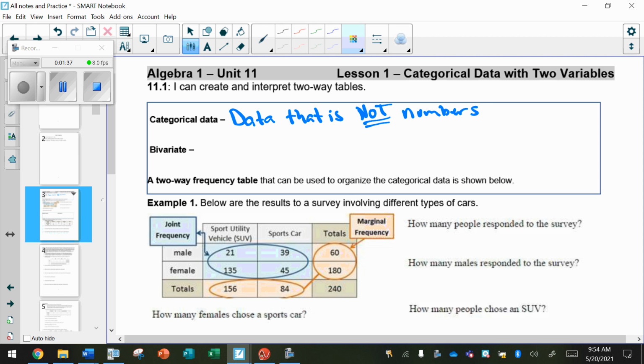Bivariate data, our bivariate unit, means two variables in the data set.